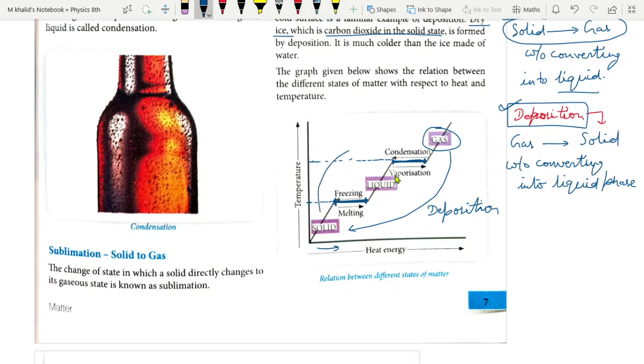And if it converts directly from solid to gaseous, we say it is a sublimation process.